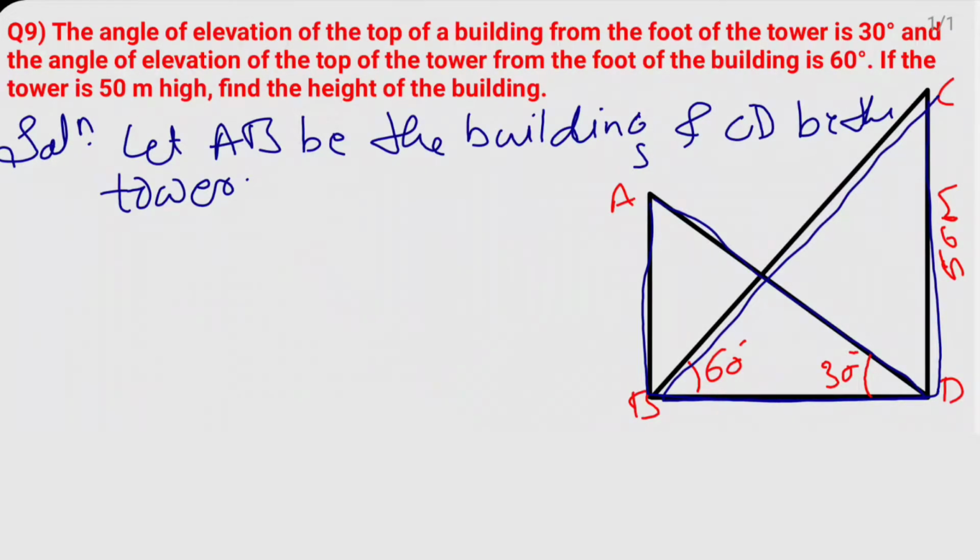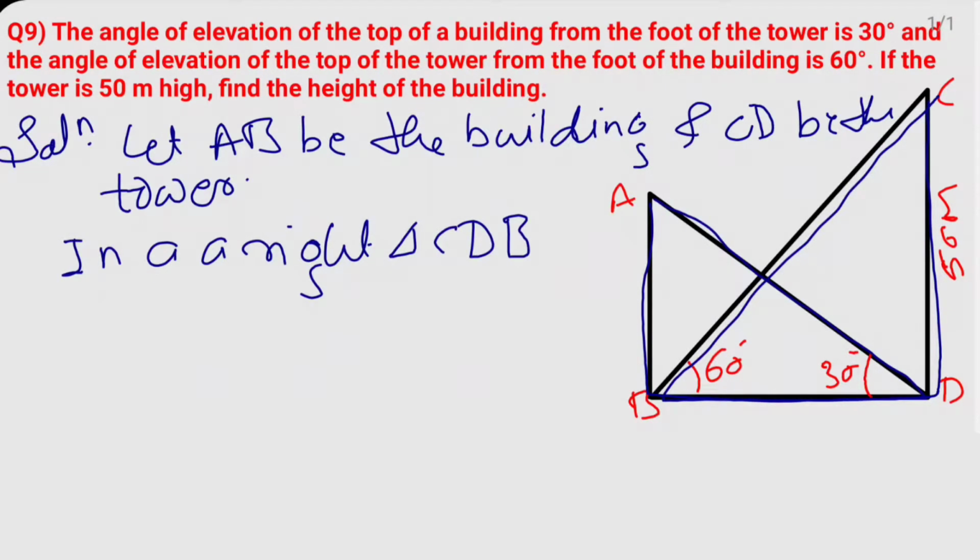So here first I will consider triangle CDB. So write down here. In right triangle CDB, look at the figure. Here we have the CD side. Using CD, we want to find BD.